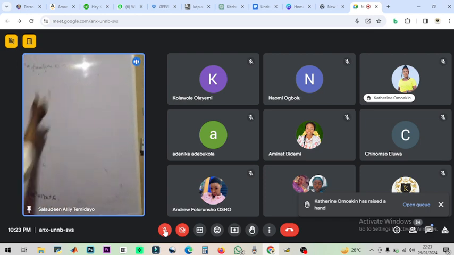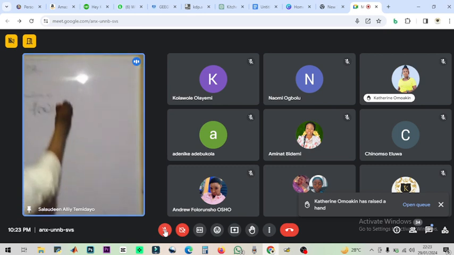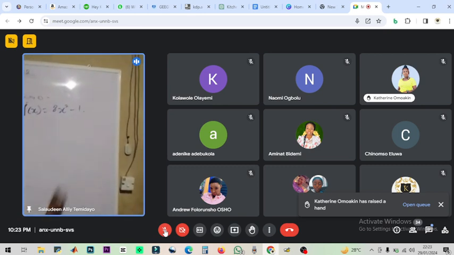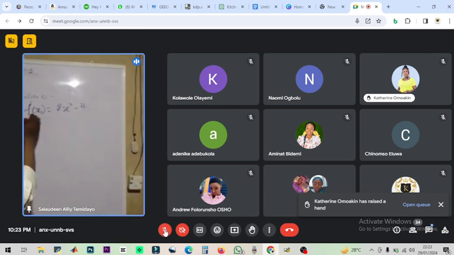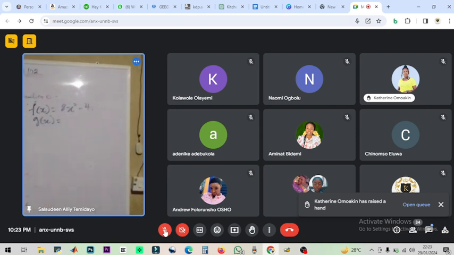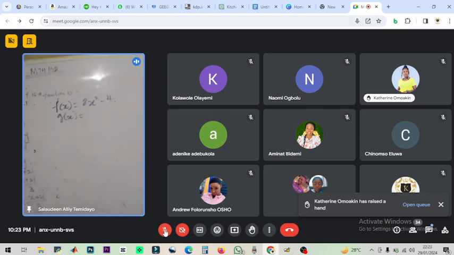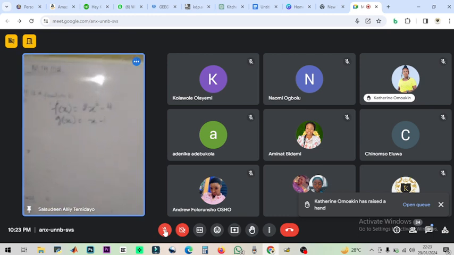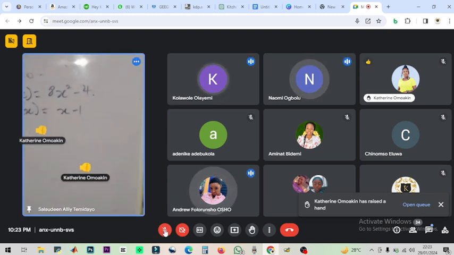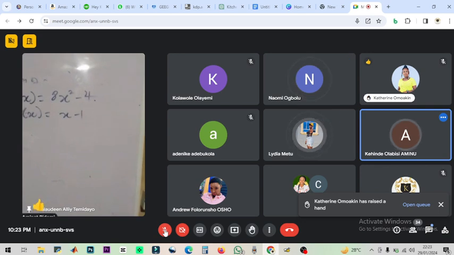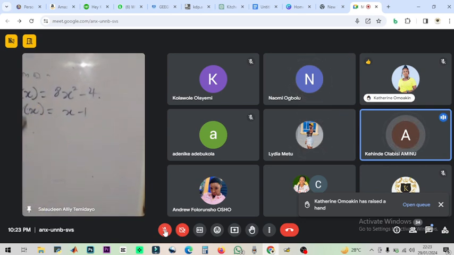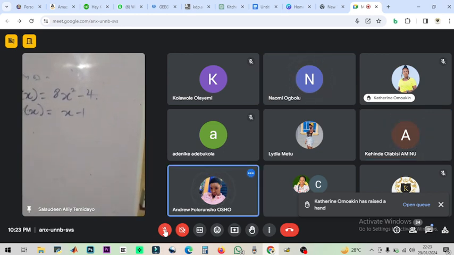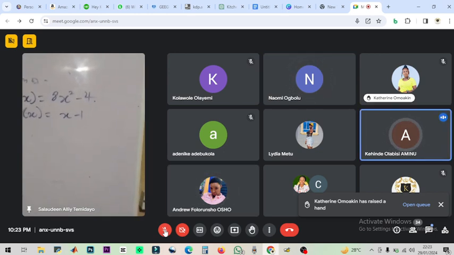The value is f of x equals 8x squared minus 4, and then g of x equals... what is the question? x minus 1. Is this how the question came? No, g of x is 8x squared minus 4, and f of x is x minus 1.